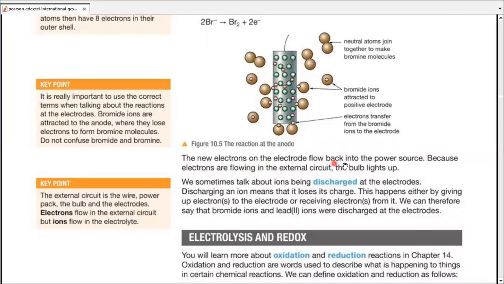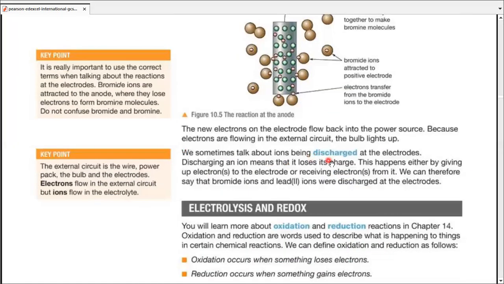The new electrons on the electrode flow back to the power source. Because electrons are flowing in the external circuit, the bulb lights up. We sometimes talk about ions being discharged at these electrodes. Discharging an ion means that it is losing its charge. This happens either by giving up electrons in oxidation or receiving electrons in reduction.